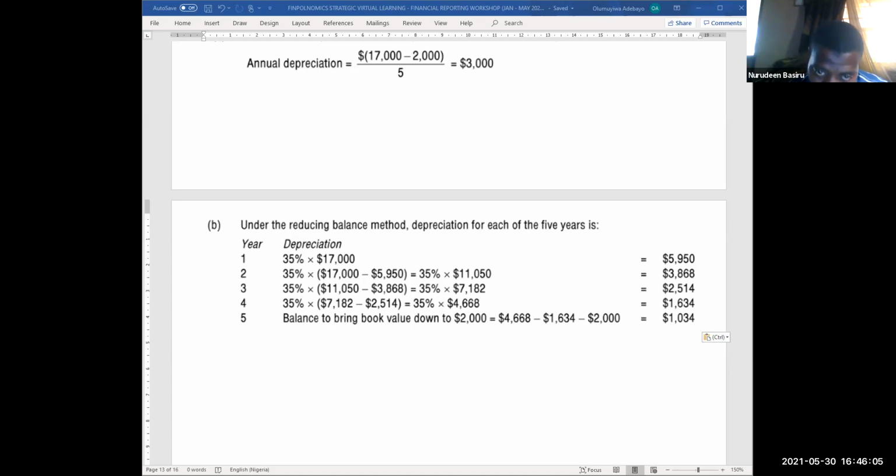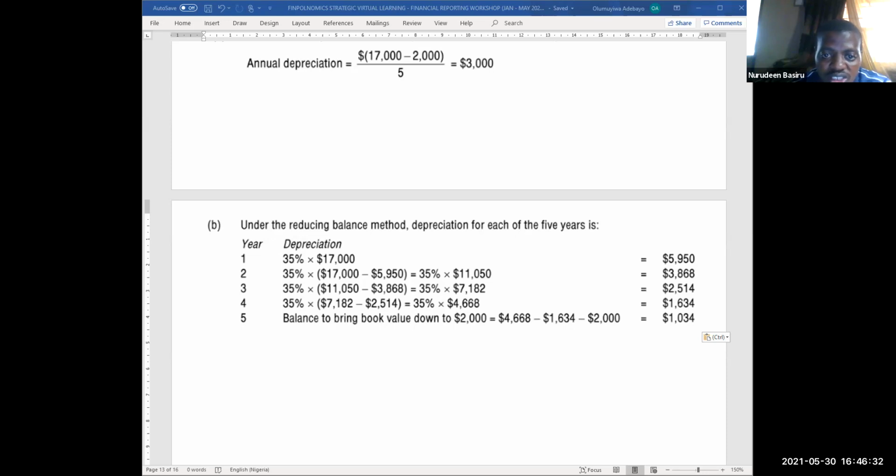Then we charge 35% of the balance, and the depreciation for the third year equals $2,514. We use the same method in the fourth year by removing the depreciation for the third year from the net book value in the third year, which is $7,182 minus $2,514, giving $4,668.